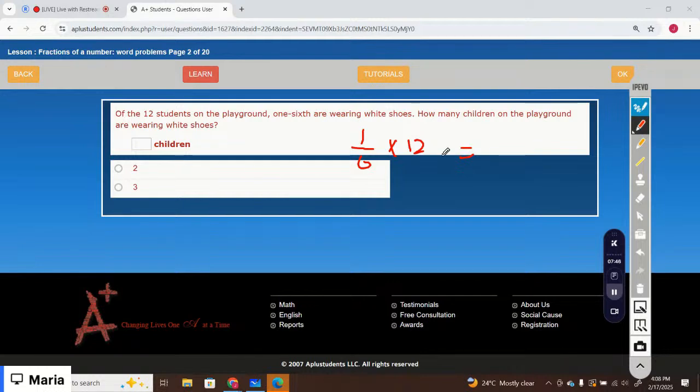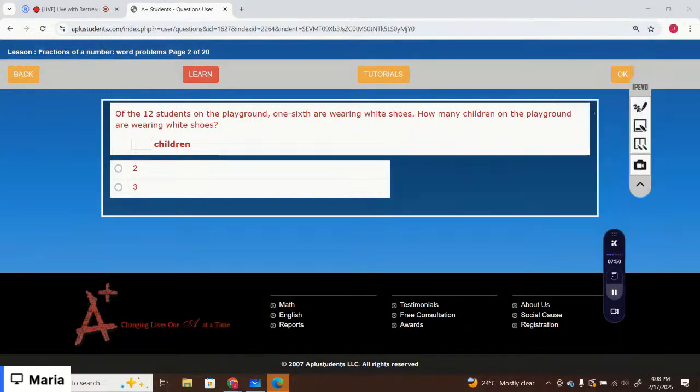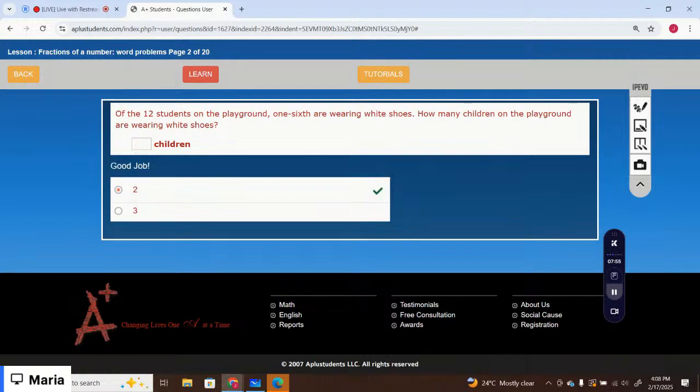That is 2, 6 times 2 is 12. So, the correct option is 2. That means 2 of the children on the playground are wearing white shoes. Got it?